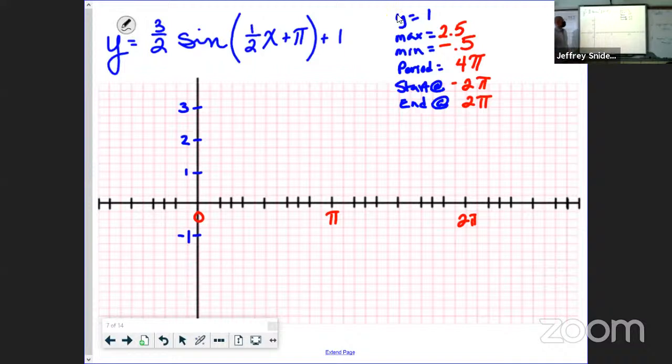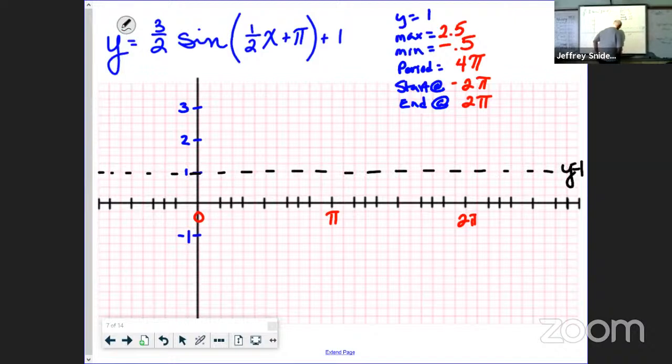So we need our axis of symmetry at y equals 1. Boom, got that. All right. So we know this is going to start where? We said this was going to be on the midline, right? So we want midline, max, midline. So what's pi going to be? It's going to be a minimum, right?